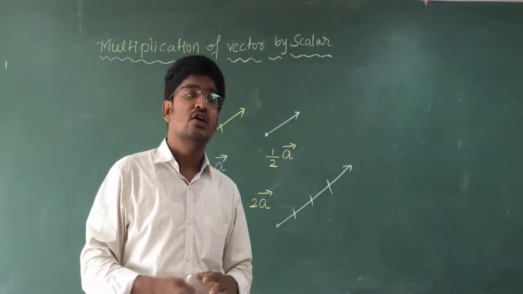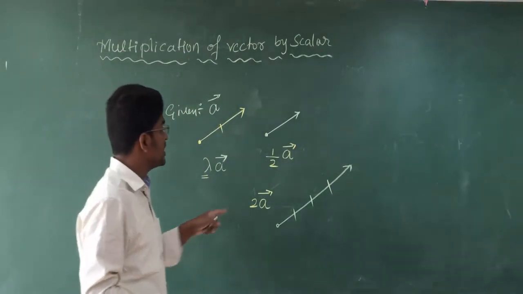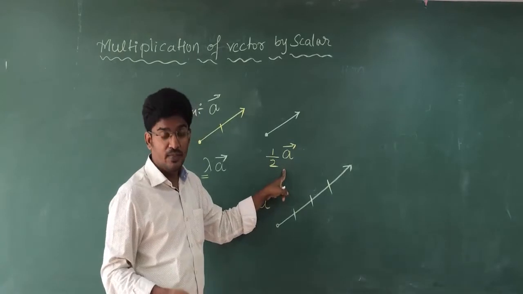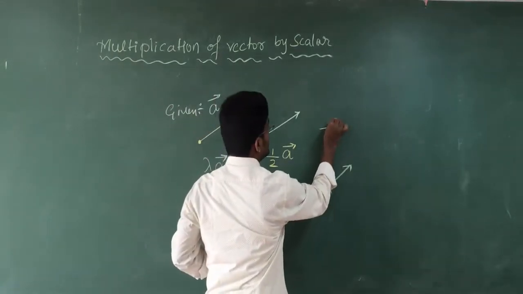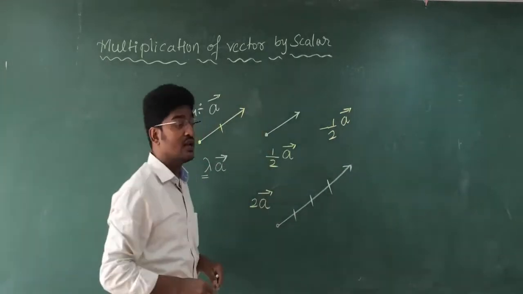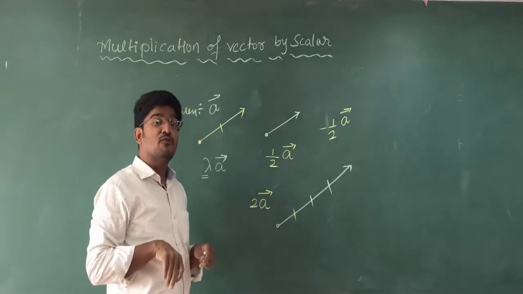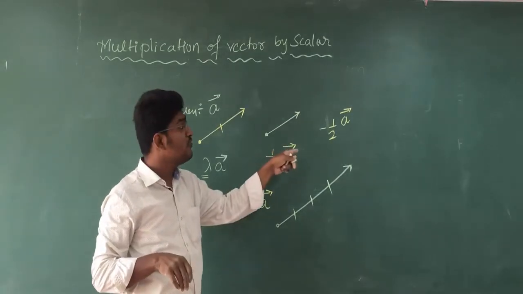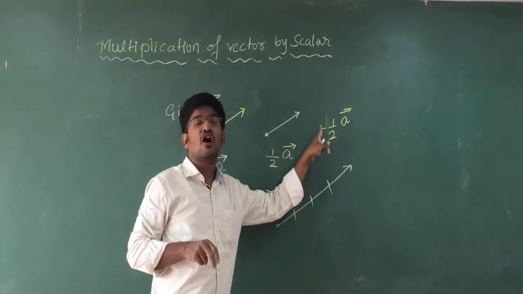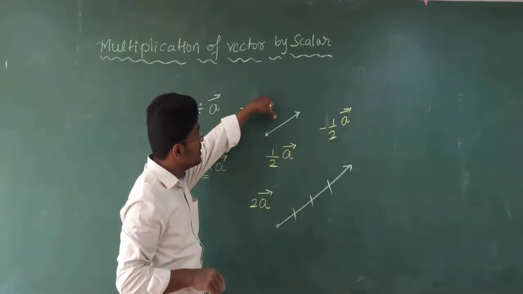Are you clear? So next let us move to negatives of those things. See, here you have 1 by 2 of A. So now minus 1 by 2 of A will be what? Clear? That means the negative of 1 by 2 multiplied with A. Now what happens?